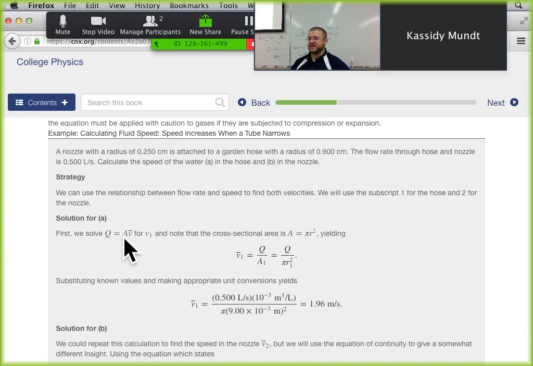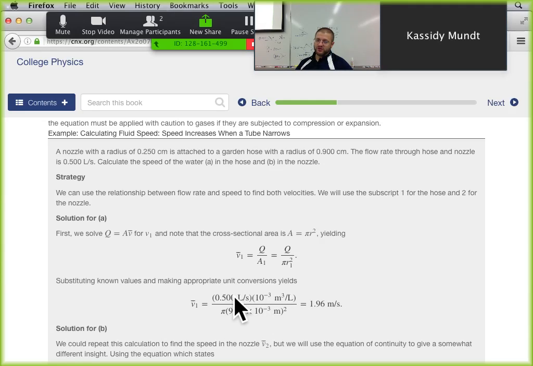So Q equals the cross-sectional area times the velocity of the fluid. That's one of the equations that we have for flow rate. And if we rearrange that to solve for velocity 1, we get flow rate over area 1. The area is a circle, so it's pi times r1 squared. And we go ahead and put in our numbers here. We get 1.96 meters per second.